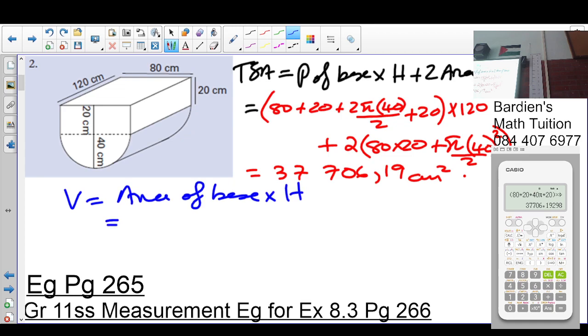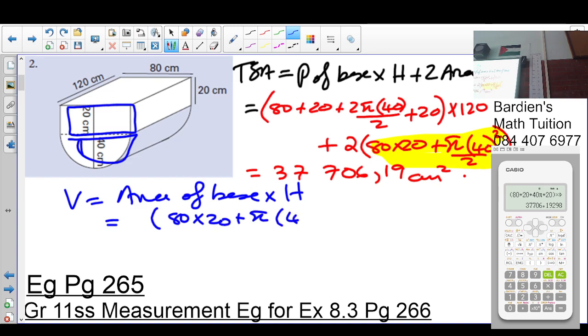Now the area of this base is made up of a rectangle and a semicircle, which is this part of the calculation over here. So the area of that base is already calculated. So it's going to be 80 times 20 plus pi 40 squared over 2. That is the area of the base. And what is the height of this object? 120.